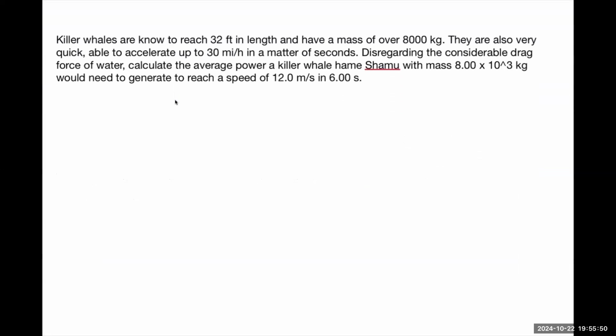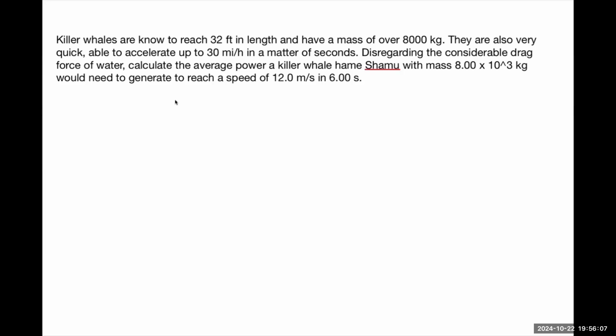So there's a problem here. Killer whales are known to reach 32 feet in length and have a mass of over 8,000 kilograms. They are also very quick and able to accelerate up to 30 miles per hour in a matter of seconds.